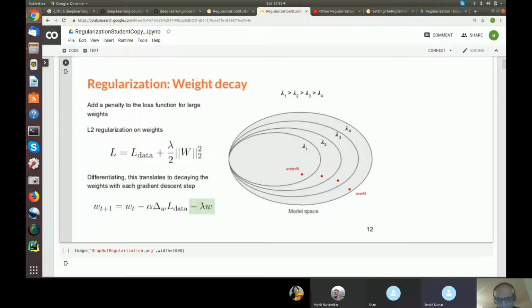Now, why would lambda be anything other than 1? So let's say you have selected a model with lots of neurons and lots of layers, which has much higher capacity than what the data requires.